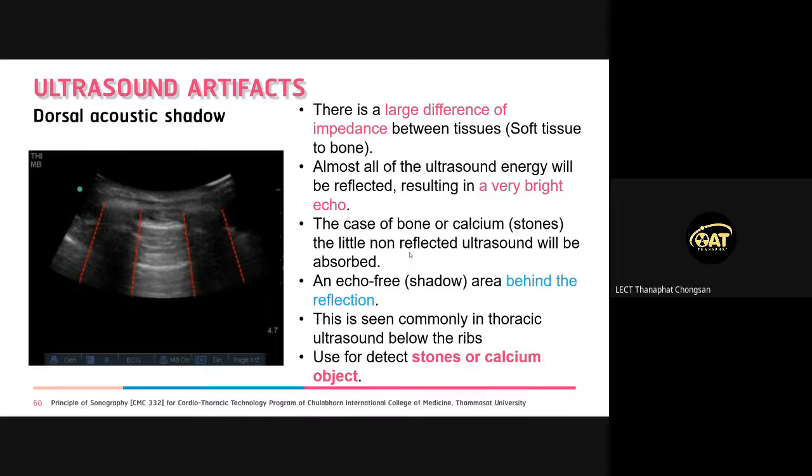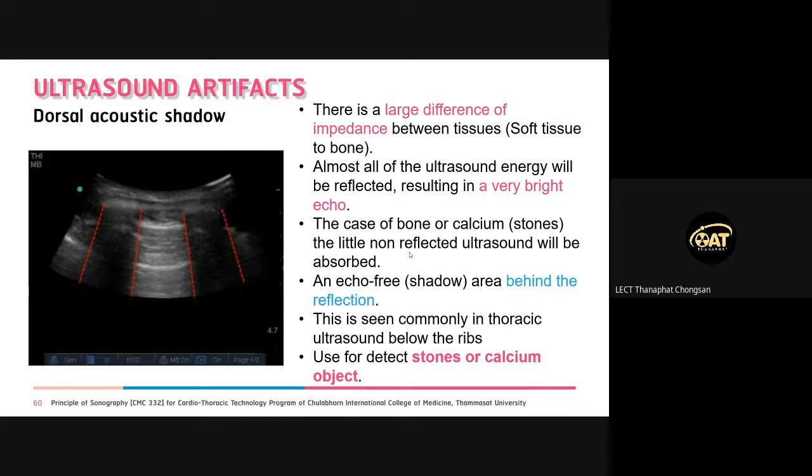Dorsal occlusive shadow is generated by a large difference of structure impedance, such as soft tissue and bone or calcium stone.